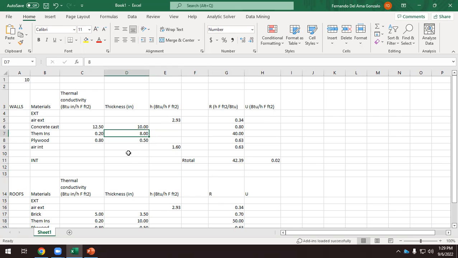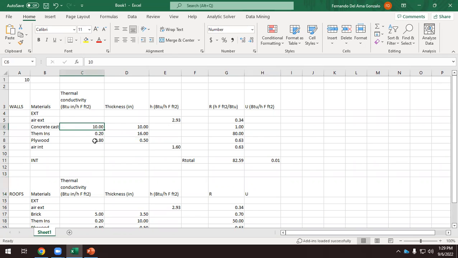If I double the thermal insulation, it changes from 42 to 82. So that's why, if I want to increase the R value, what really matters is the thermal insulation. So if this is 12 or 10, it doesn't matter, it's 82.